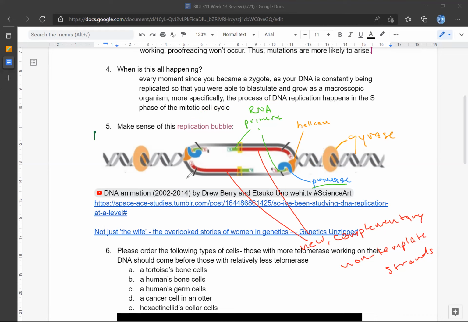Yes, the origin of replication. Right here and right here. So we have this very nicely in the center of our replication bubble, the origin. And what chemical or enzyme or molecule decides that this is the origin point?